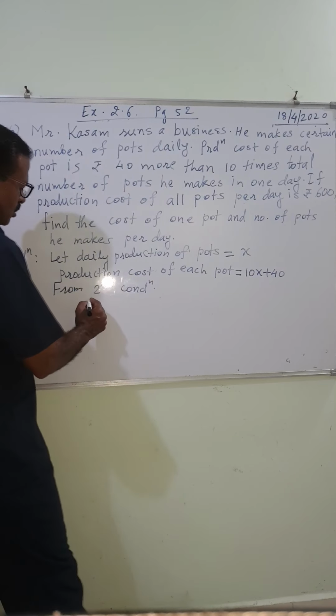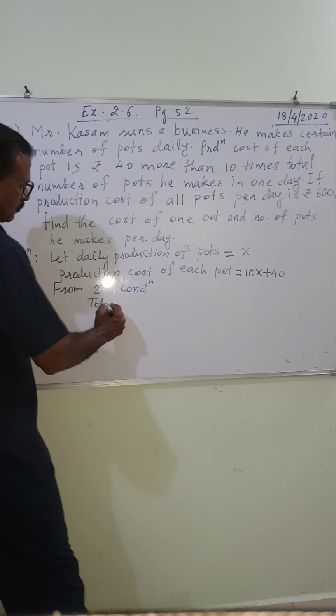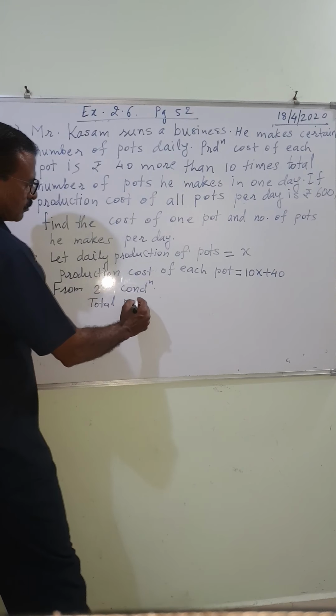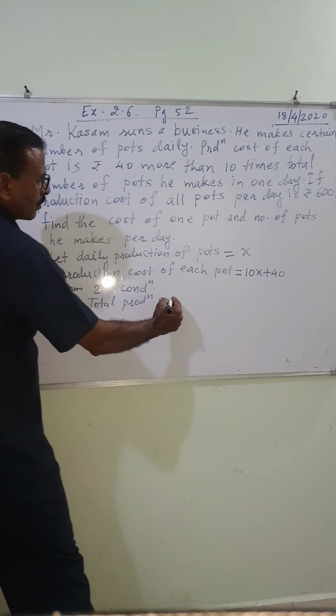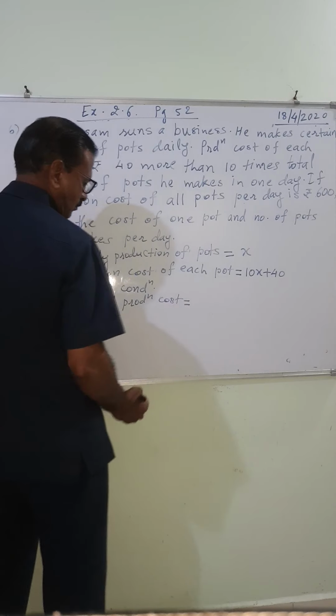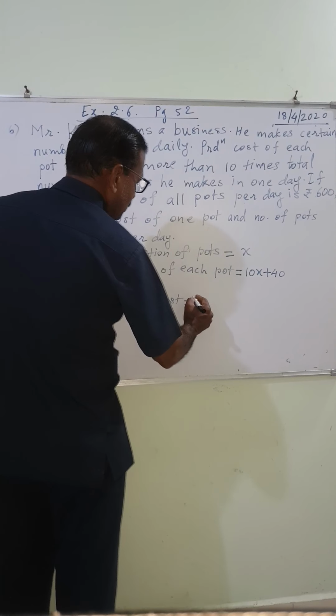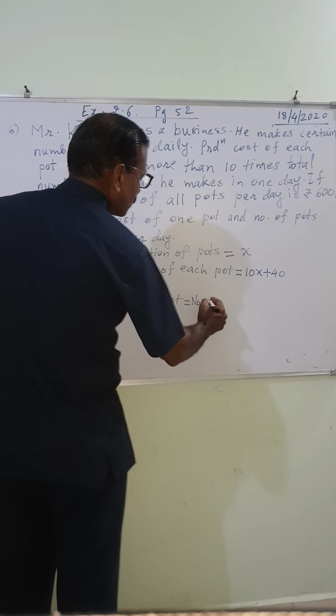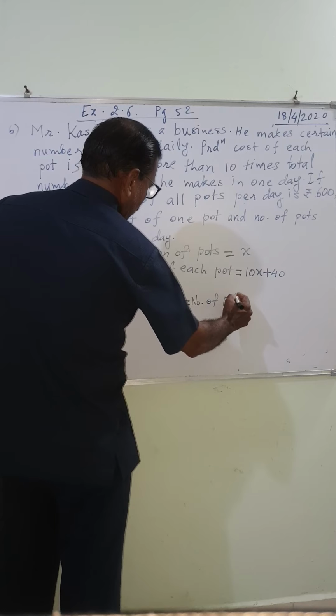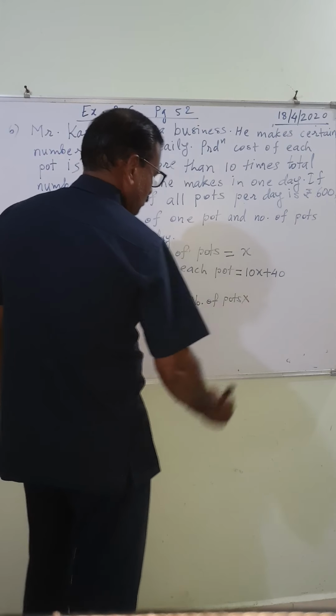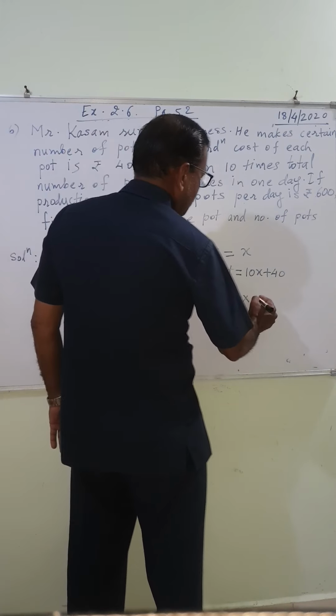Total production cost is equal to number of the pots into cost of each pot.